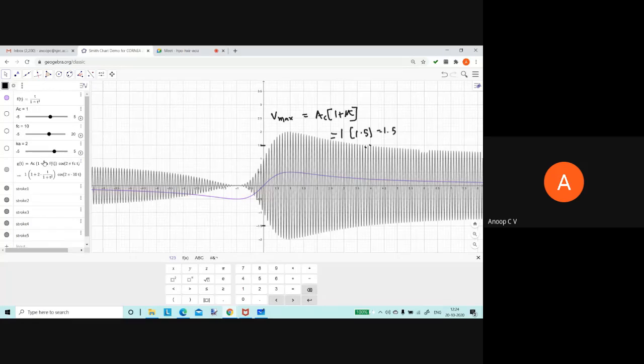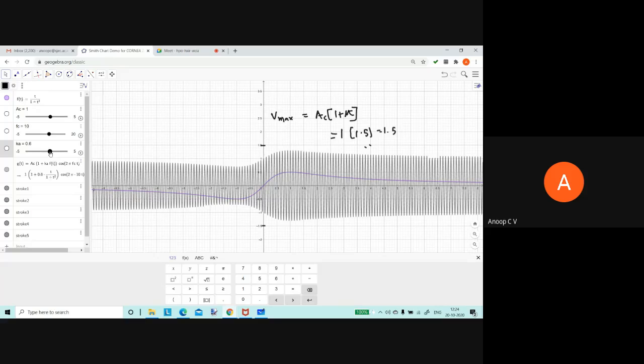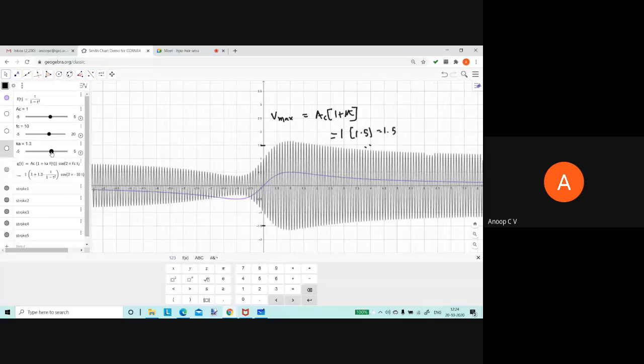When K is equal to 2, exactly whenever this is negative maximum, you can see instead of the phases continuing, there is a phase reversal. That happens at the negative maximum. Similarly, when K is equal to 1, there is no phase reversal, because our condition for not having phase reversal is satisfied at that point. But whenever Ka is equal to 2, that is getting violated.